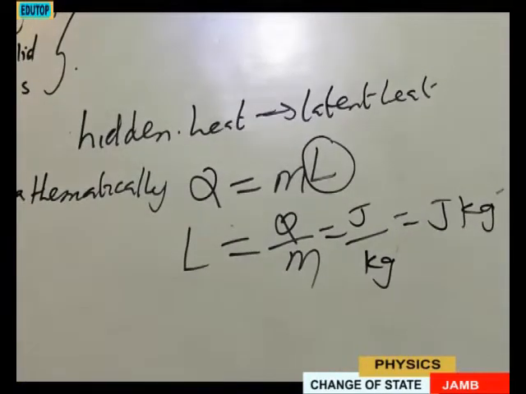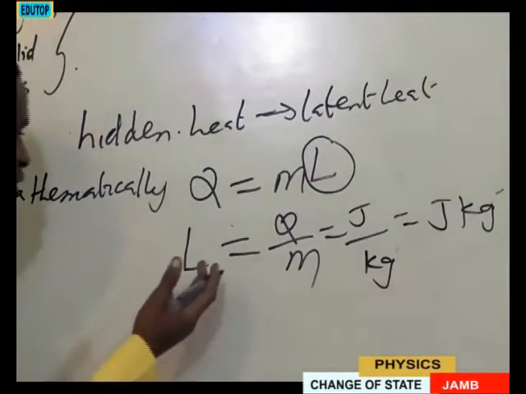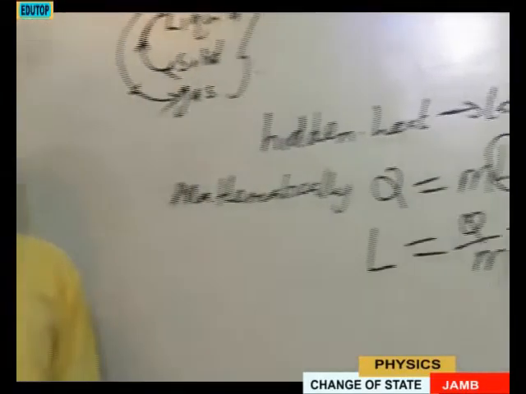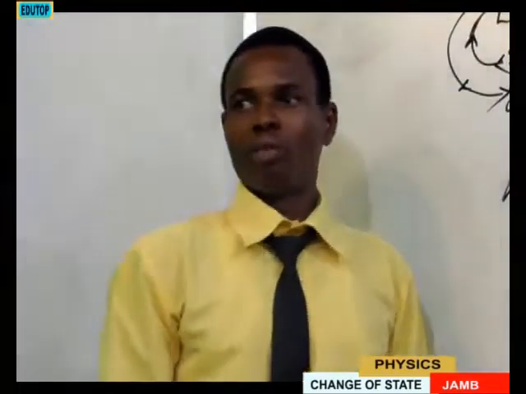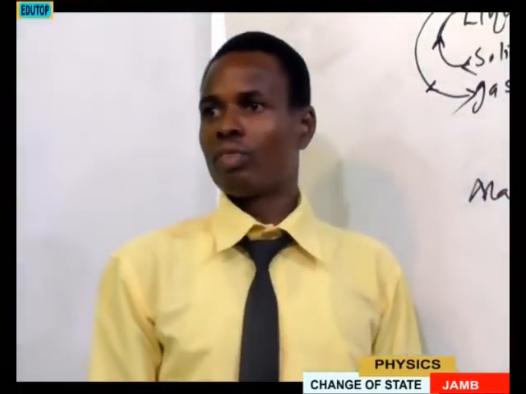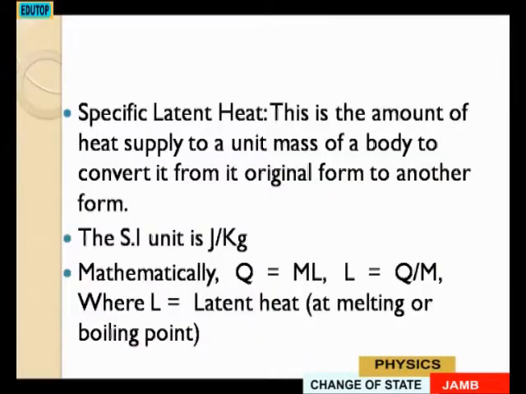Joule per kilogram is the unit of latent heat, which is the amount of heat supplied to a unit mass of a body to convert it from its original form to another form. The latent heat can occur at melting or at boiling points.